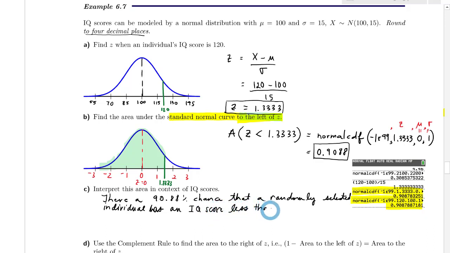Okay, so that's the probability interpretation. Or I could use proportions, right? I could say the proportion of IQ scores less than 120 is 0.9088. Either one of these is okay.